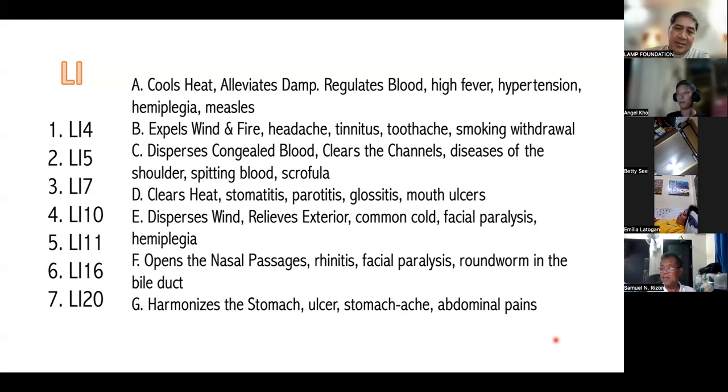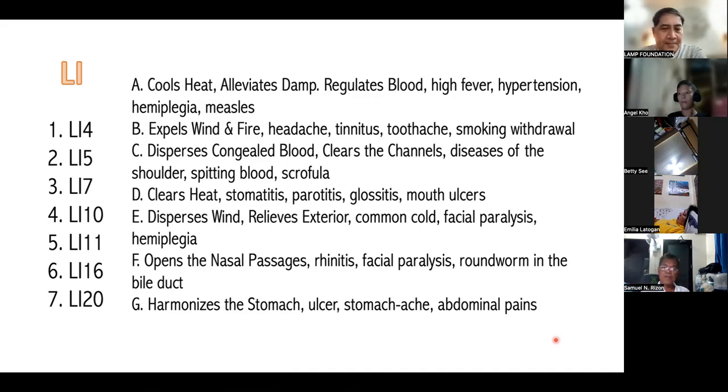May connection po siya in terms of elements. Di ba same polarity? Same polarity po. Opo. Ano pa ba? Sino ba yung mother sa dalawa? Si stomach or si LI? Anong element ni stomach? Stomach po is earth. LI?